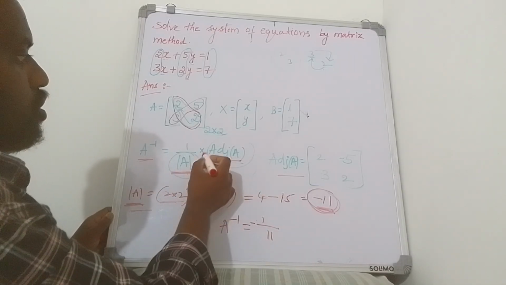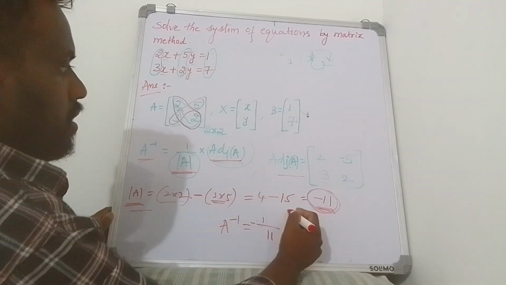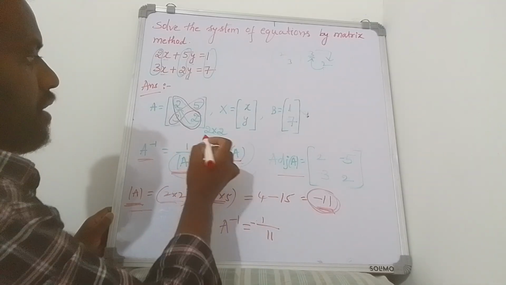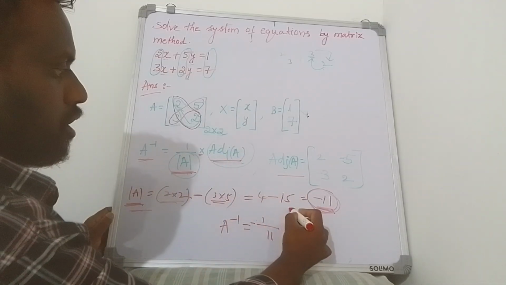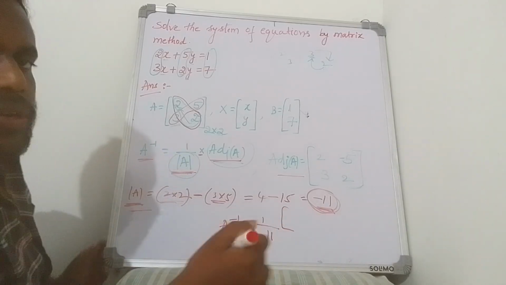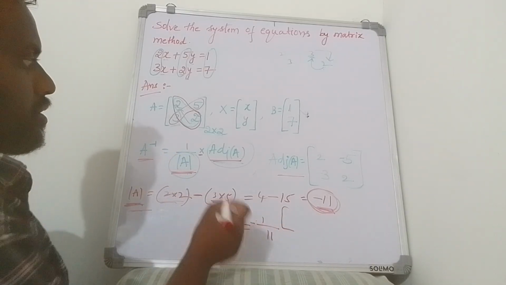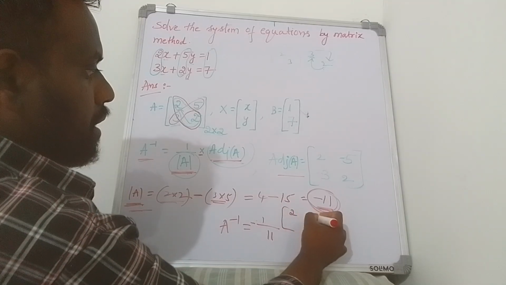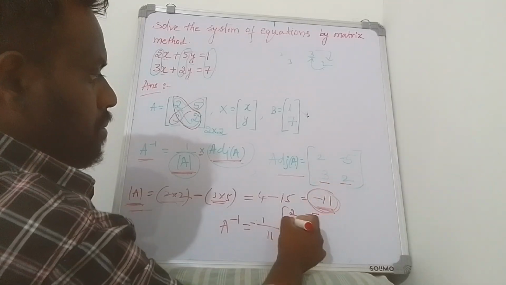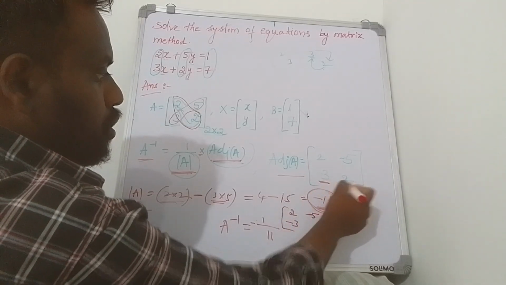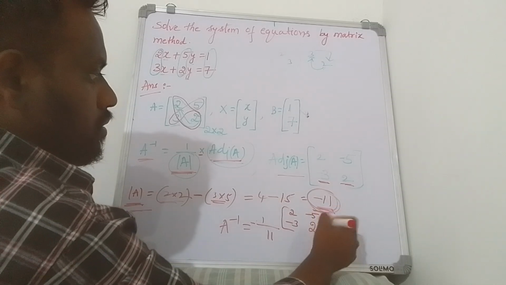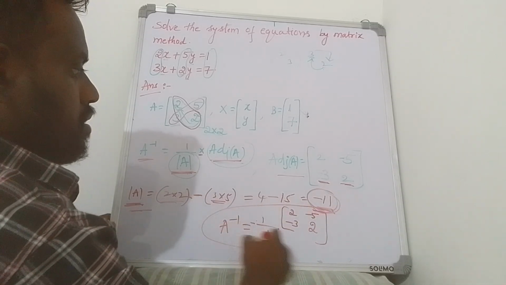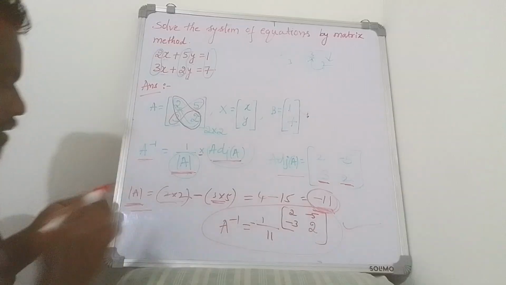This part is done. Next, into. Since this is a matrix, I don't write into; I will just write the matrix here. If you don't write it, also no problem. That is like multiplication. The adjoint of A, write it here: 2, minus 5, minus 3, and 2. This is A inverse. Remember.